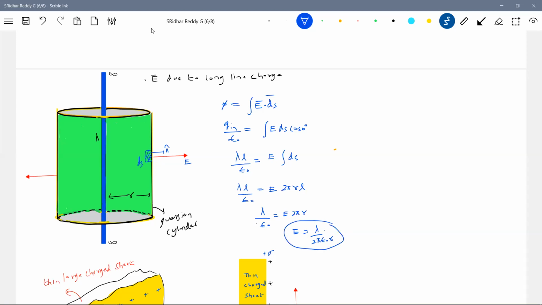Very easy one, no? The only thing is you should be very good in Gauss law.